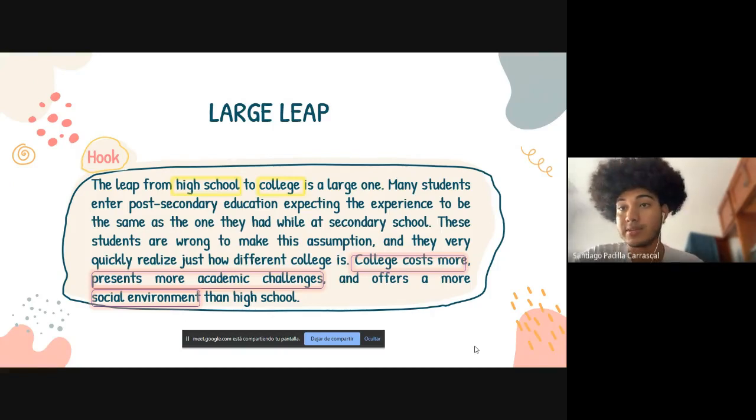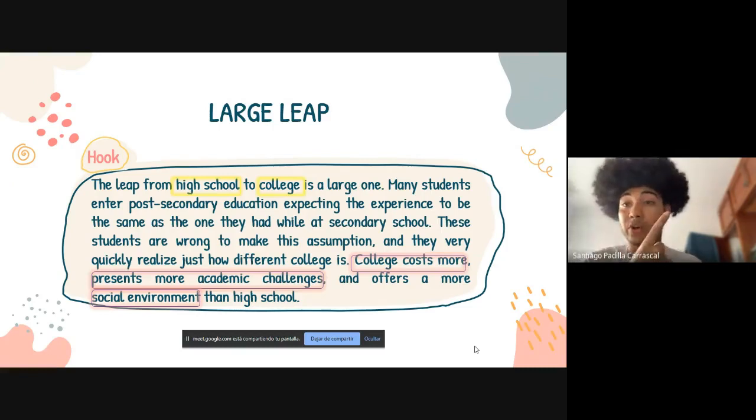The hook says, the leap from high school to college is a large one. Many students enter post-secondary education expecting the experience to be the same as the one they had at secondary school. These students are wrong to make this assumption, and they very quickly realize just how different college is.